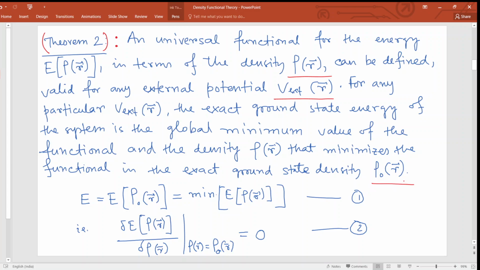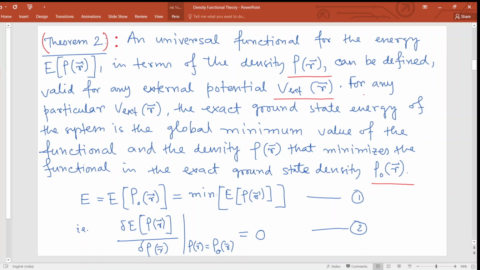Okay, so here it defines the energy functional first, which means that E is a function of rho, and rho is a function of basically psi, and psi is also a function of r. So we have to define that, and E has to be a function of rho, and it has to be valid, or let's say we have to have some value of E for any external potential V external.